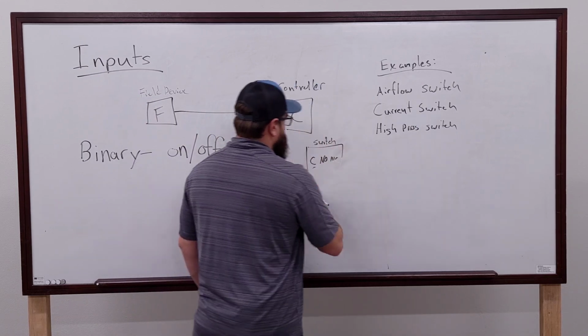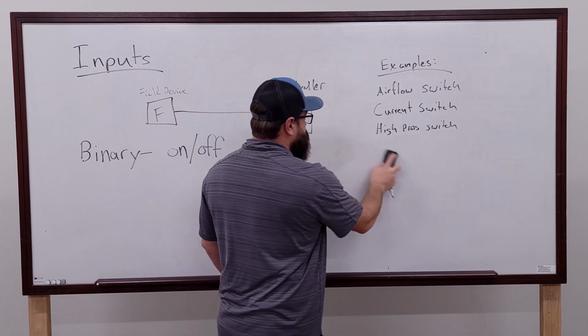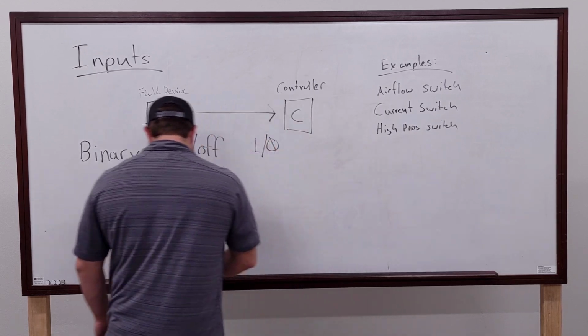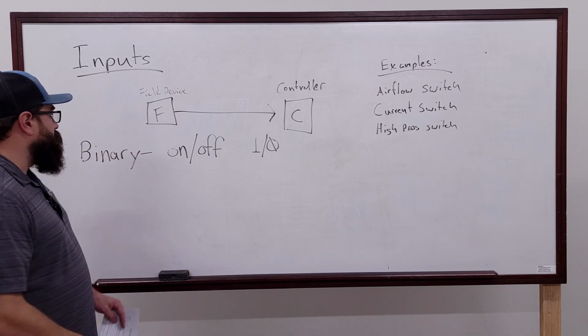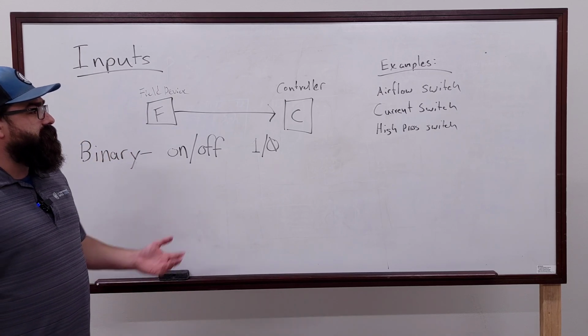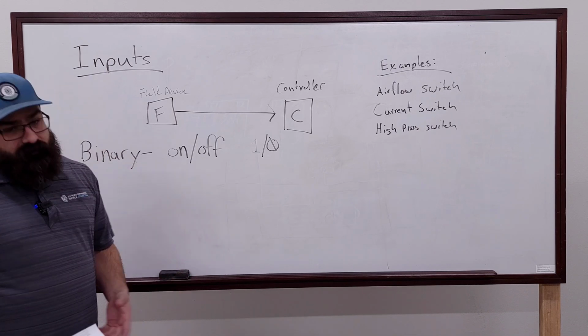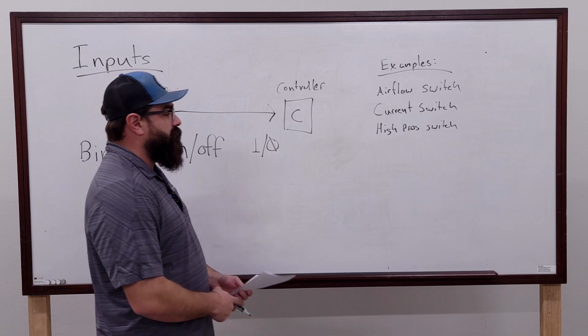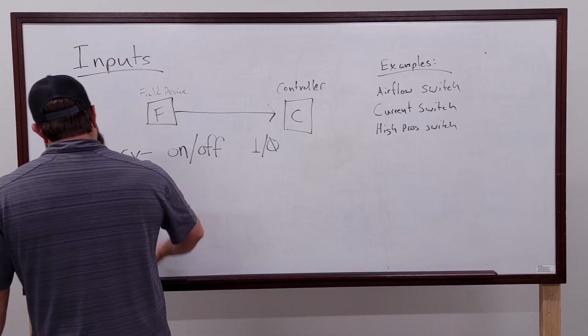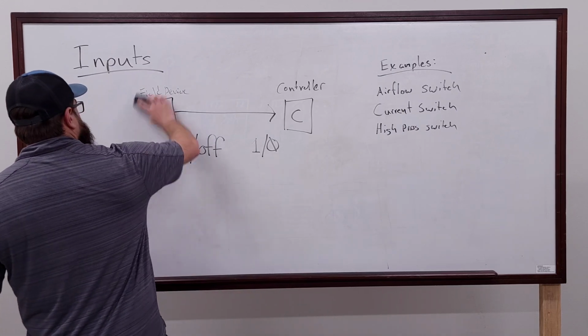So we won't spend a ton of time on that just because it doesn't super pertain to us. The next up, so basically binary is, like I said, on or off. Anything that would be on or off is going to be a binary because it's on or off.